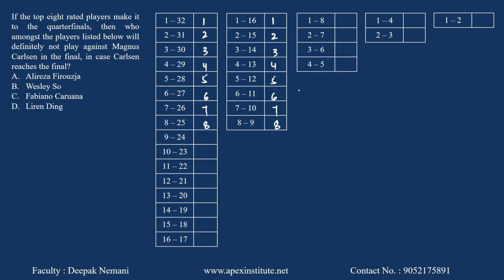Carlsen in the final. So he can play with either the player whose rank is 4 or 5 or 2 or 3.